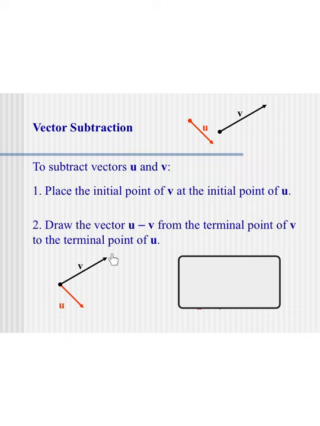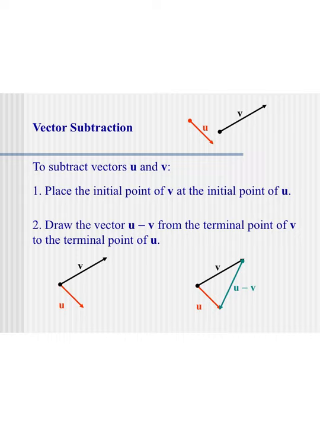So we're going to go from v to u if I'm doing u minus v. And we can see my arrow signifies I'm going from v to u, and that again is u minus v. If I were to switch this and instead want to do v minus u, I'd have the same process, but my arrow would end up going the opposite direction.